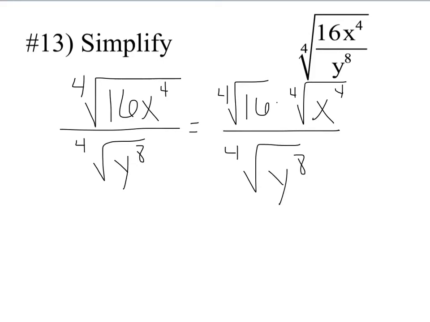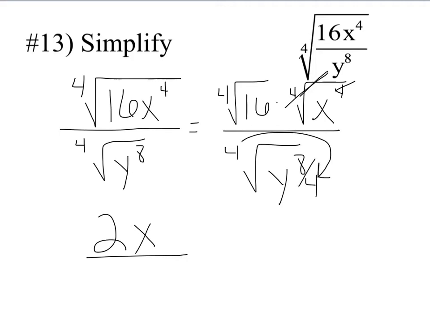The 4th root of 16, we know, is 2. The 4th root of x to the 4th, remember, the 4th root and the 4th cancel each other out, just leaving you x. And then here we're going to take our index back to our denominator. 8 divided by 4 is 2, so it's just over y squared.